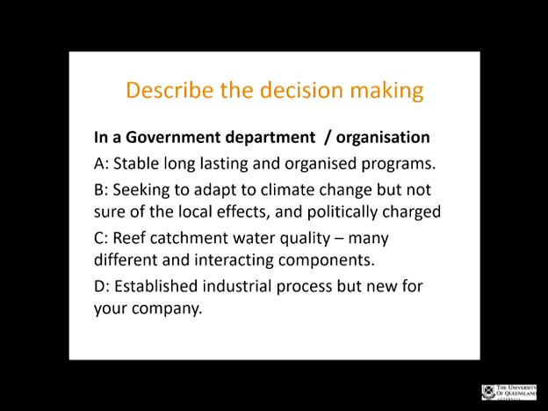These are different settings where decisions might be made, and I want you to think about what might be the style of decision making going on here. How would it be done? What are some of the challenges in terms of achieving objectives when you're looking at these different settings? I'll give you 30 seconds to reflect on your own, see if you can jot something down, and then feel free to jump in as I quickly go through them.